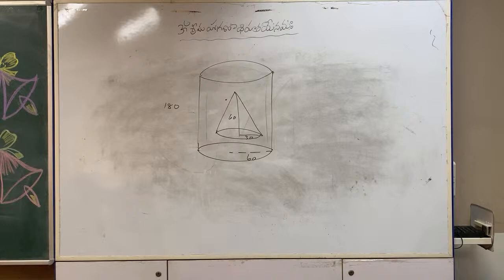In a cylinder of radius 60 and height 180 centimeters, a cone is dropped into it. Cone dimensions are given: height 60, radius 30. How much water is left in the cylinder? Archimedes principle, right?